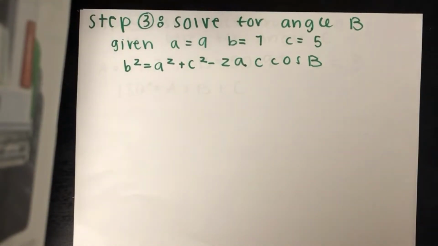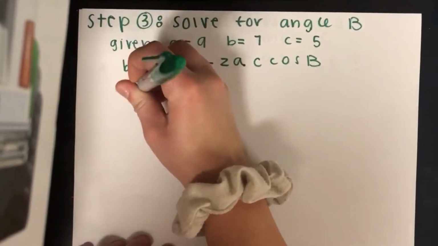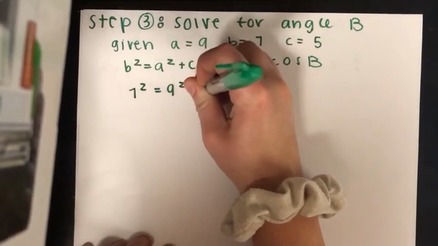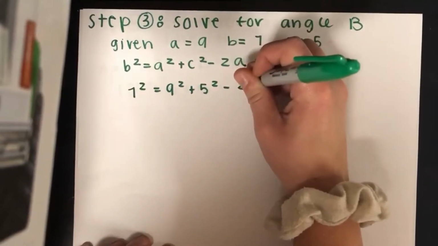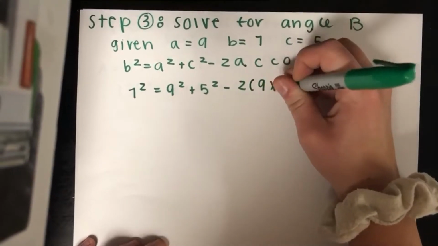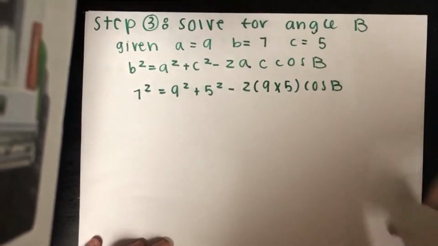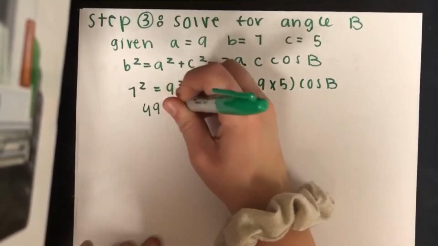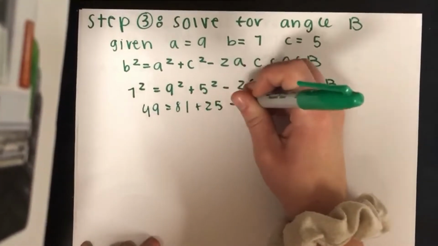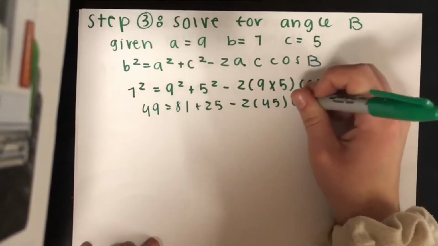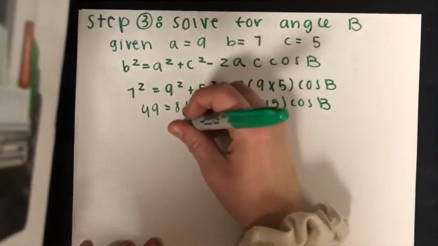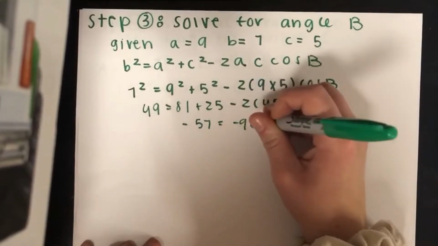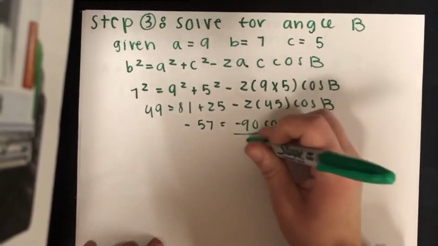And we're going to use b squared equals a squared plus c squared minus 2ac times the cosine of B. So we're going to do the same thing, just plugging in and solving for angle B. So 7 squared equals 9 squared plus 5 squared minus 2 times 9 times 5 times the cosine of B. So now you're just going to simplify that down to 49 equals 81 plus 25 minus 2 times 45 times the cosine of B. Simplify this even more down to negative 57 equals negative 90 times the cosine of B. Divide both sides by negative 90.